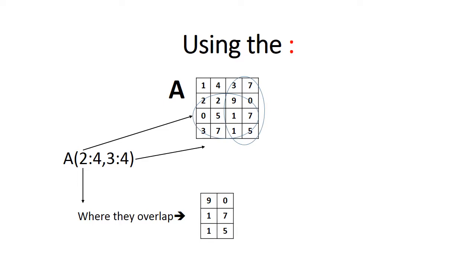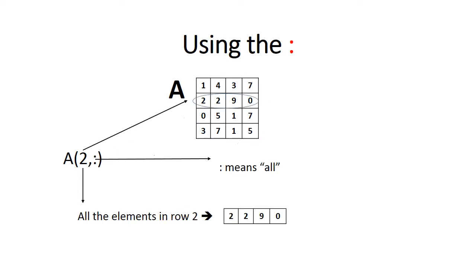And the 3:4 means from column 3 to column 4. So that's the last two columns. The resulting subarray is where these two areas overlap. And if you look carefully, it's 90, 17, 15. So that would be the selected subarray where the two specific ones overlap.